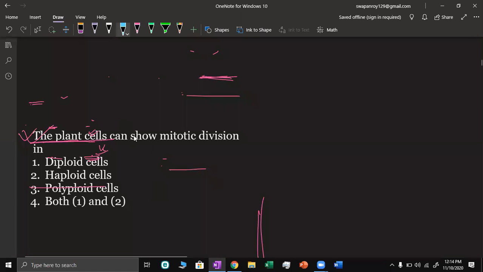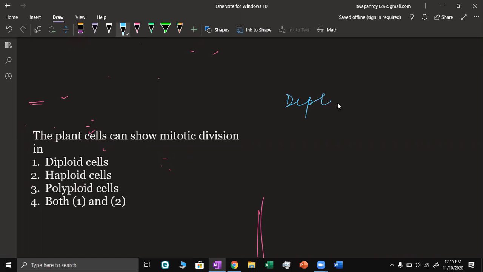Next question, which I think we have also discussed: the plant cell can show mitotic division in the diploid as well as haploid cell.